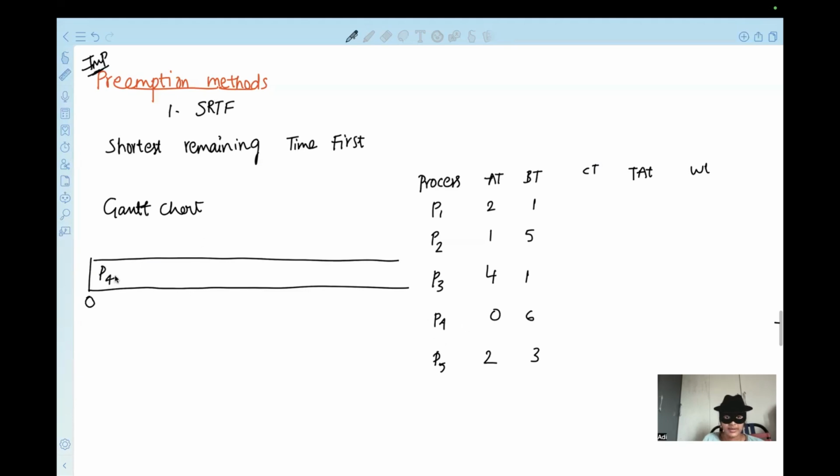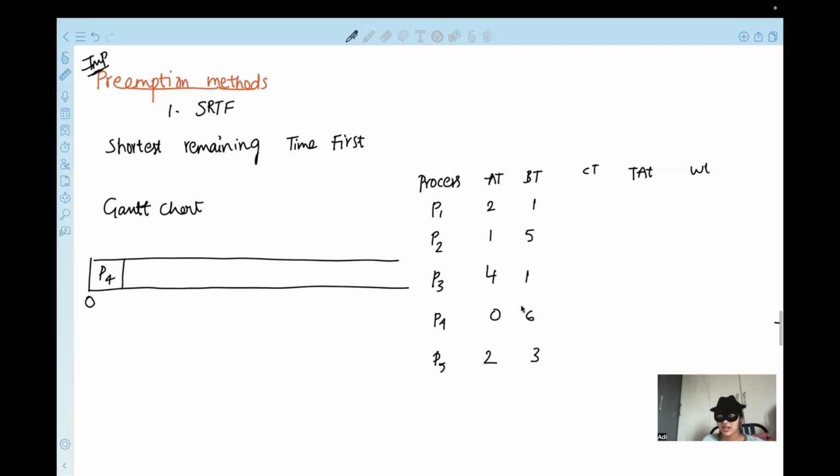In all the previous problems, we wrote the burst time of the process directly because they are non-preemption methods. That means there is no interrupt, no other process coming in between while a process is running, so we wrote the burst times directly.